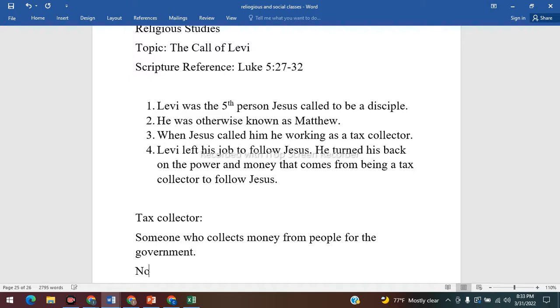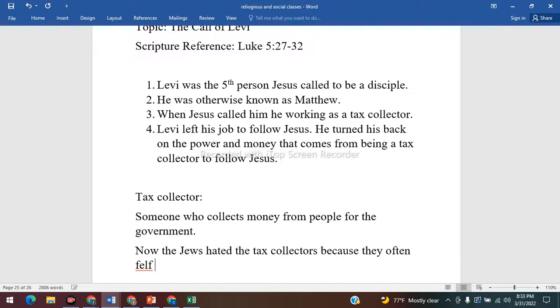Now the Jews hated tax collectors because they often felt that the tax collectors made them pay more than they were supposed to.